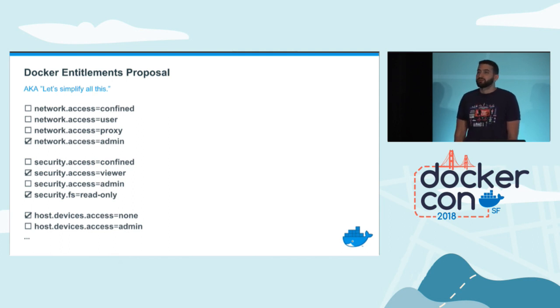People right now have to dive into all the kernel capabilities. How do they interact with the namespaces, with the Linux security modules? Everything at the kernel level is exposed as is to the end user, and it's just not possible for them to make good decisions.